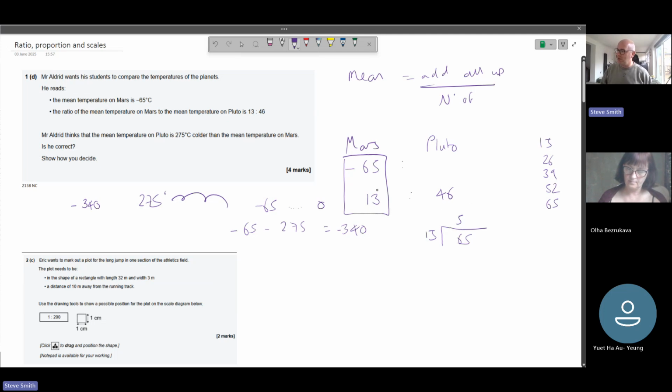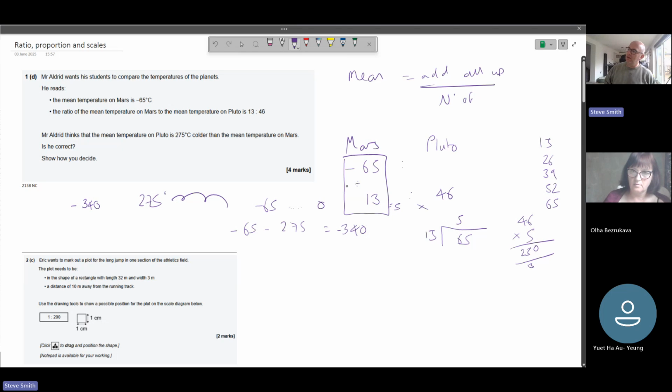So we put in here 65 divided by 13 equals 5, times by 46. 46 times 5: we've got 6 times 5 is 30, 4 times 5 is 20, and our spare 3 is 23.